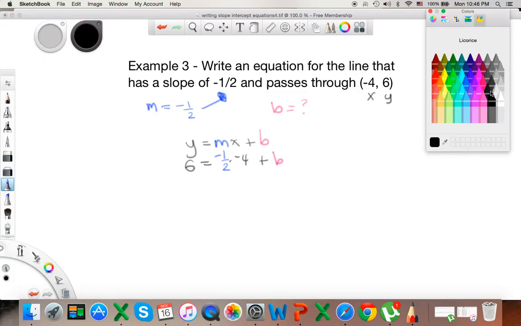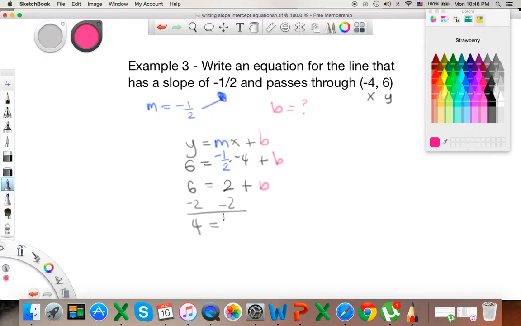And then I'm going to simply solve this equation for b. Okay, so I get 6 equals -1/2 times -4, which is +2, plus b. Then I'm going to subtract 2 from both sides, and I'm going to get b equals 4.